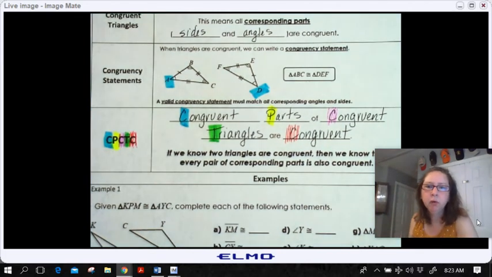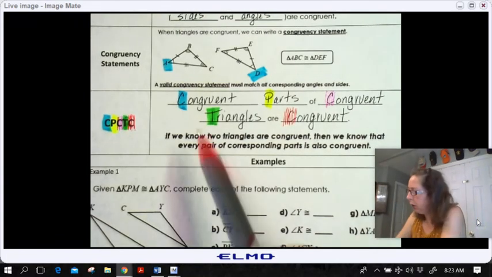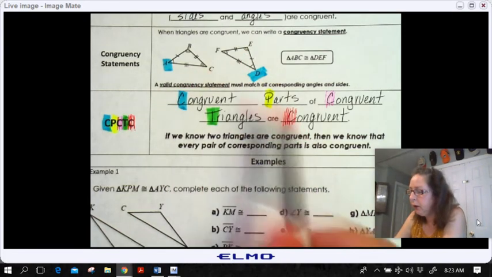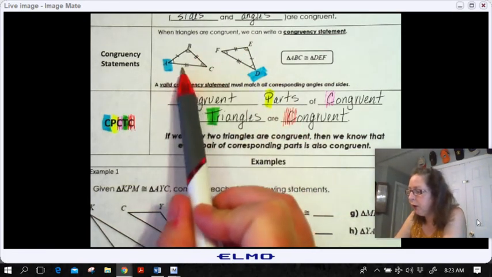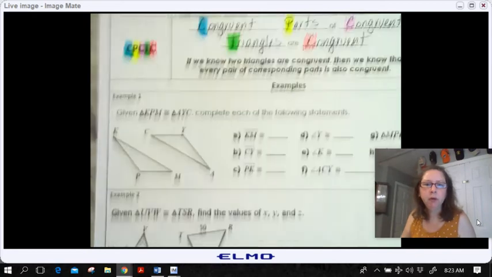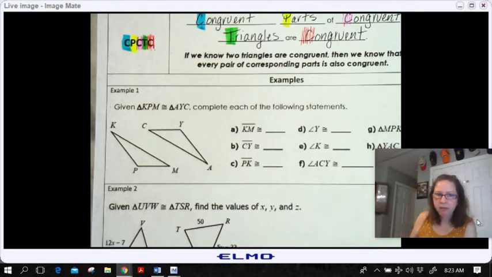Congruent parts of congruent triangles are congruent. So if we can say all the angle measures are congruent to another angle measure in the other triangle, and all the sides from one triangle to the next are congruent, then the whole triangles are congruent. So here's our example. Given that these two triangles are congruent, complete each of the statements.